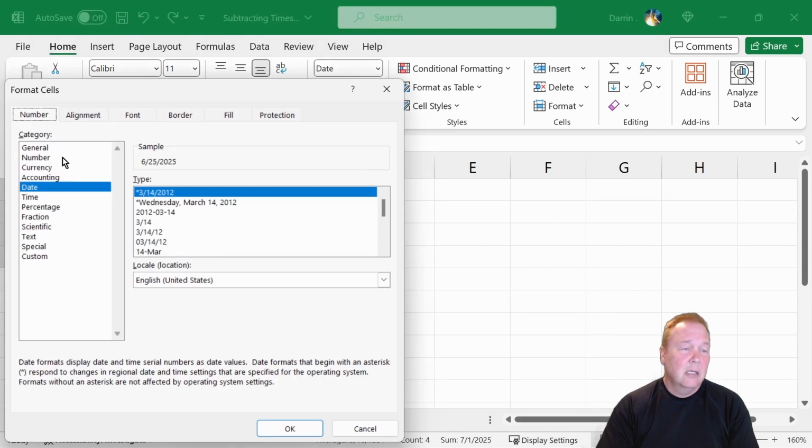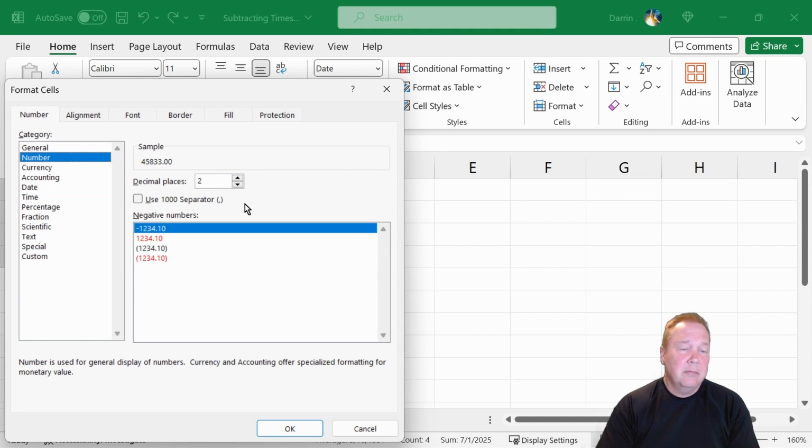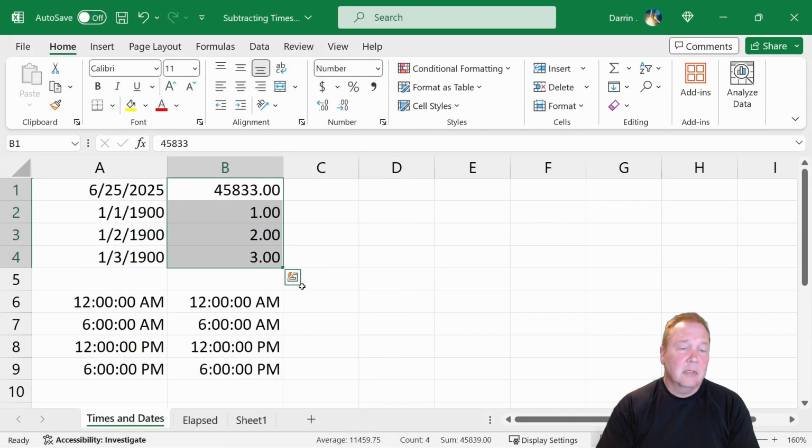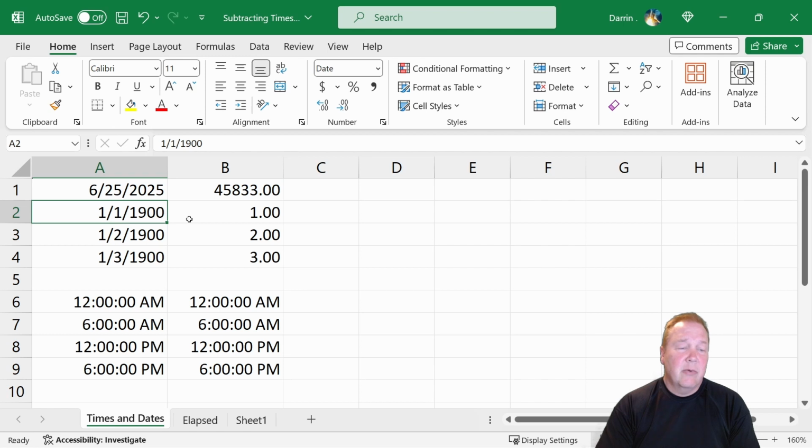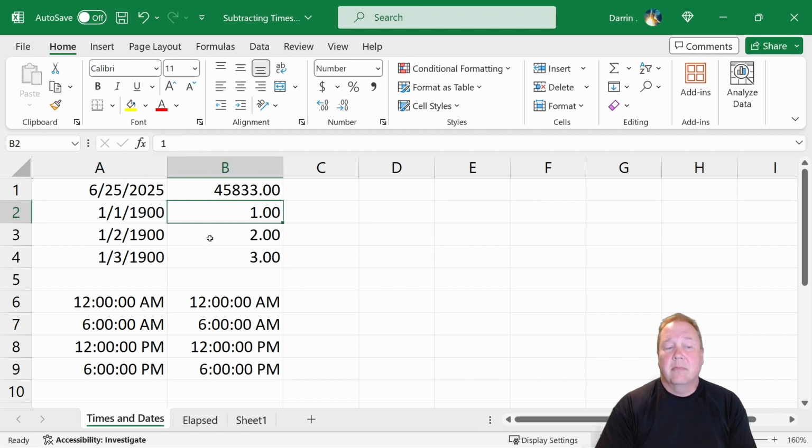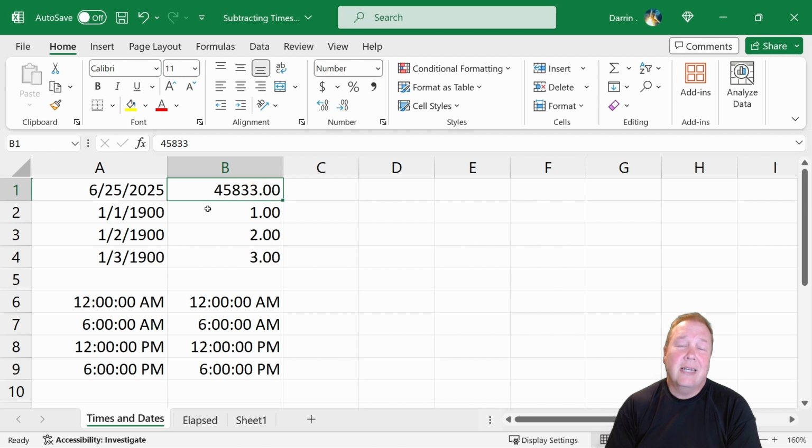Format cells, and we're going to make that a number. And see, January 1st, 1900 is 1. January 2nd, 1900 is 2. January 3rd, 1900 is 3. June 25th, 2025 is 45,833 days since January 1st of 1900. So that's just a simple integer.